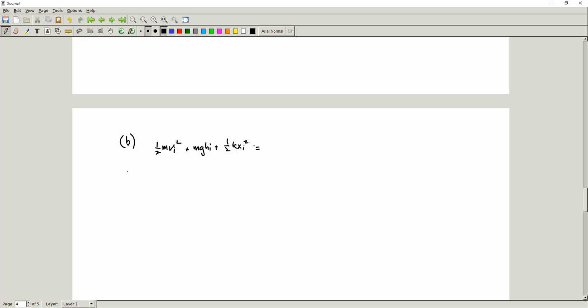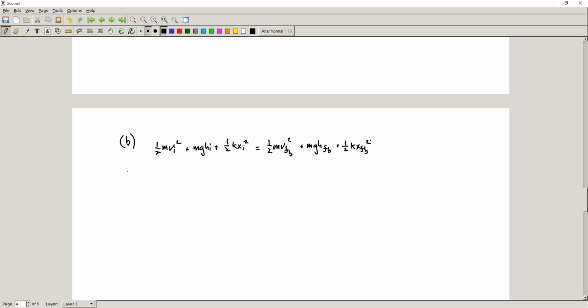And then in the end, we're going to have some 1/2 mv, and now it's going to be final b, because we're going to be considering what's happening at point B, squared, plus mgh at our final point B, and again we're going to have potentially some potential spring energy, right? That's going to be written like this, okay?